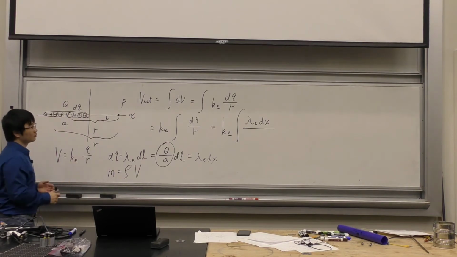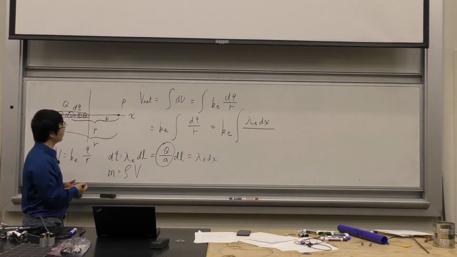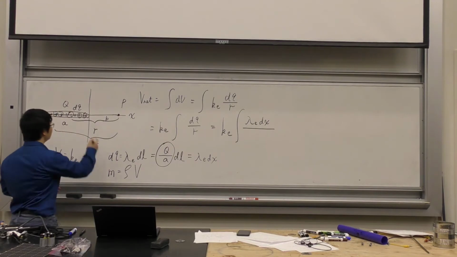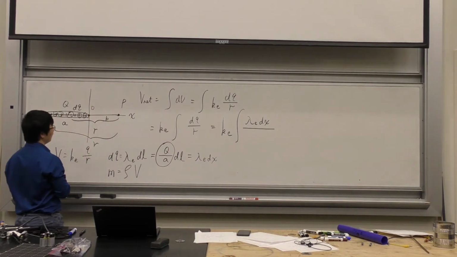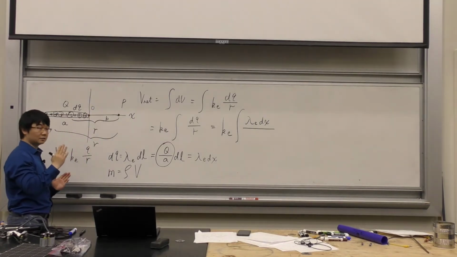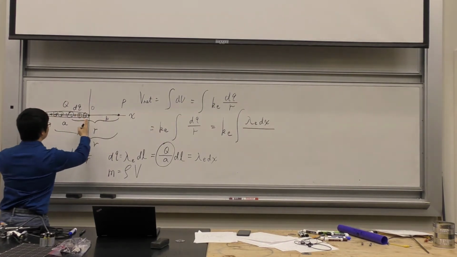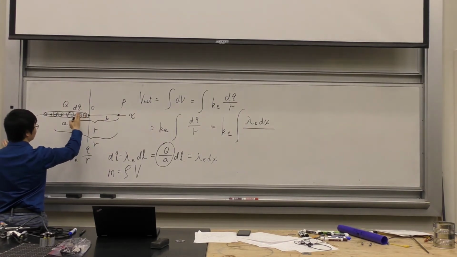Well, it totally depends on where you set up your coordinate, right? If you use the coordinate system set up in the problem, remember, you're going to integrate the whole rod. So the X is going to be the X coordinate of every single dq here.